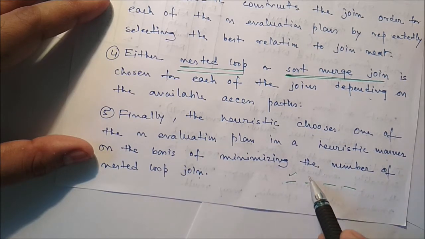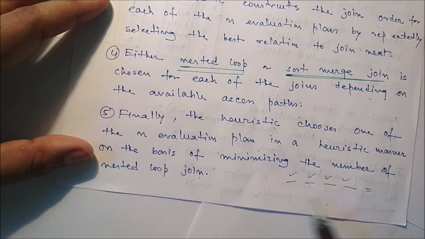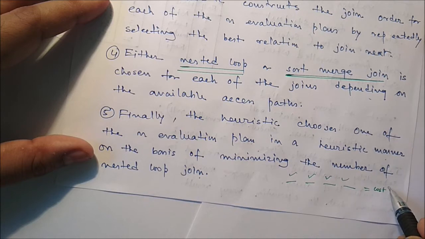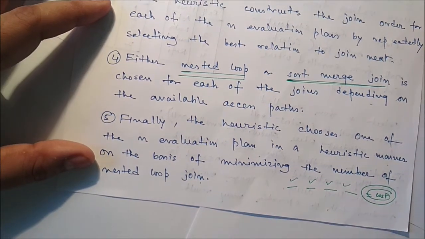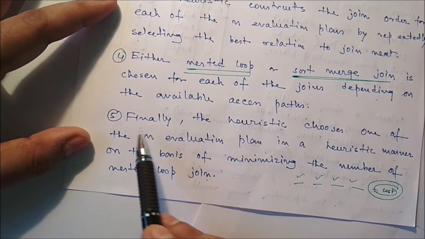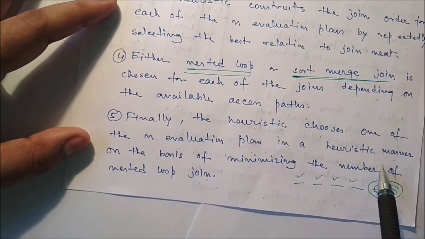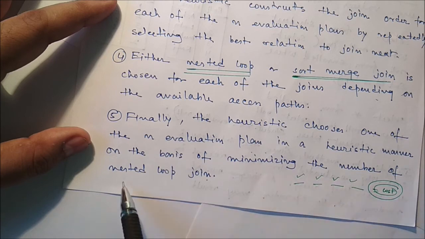We have to pick up the minimum total and heuristically select the evaluation plan. You have to pick up the evaluation plan with the minimum cost. So finally the heuristic chooses one of the n evaluation plans in a heuristic manner on the basis of minimizing the number of nested loop joins.